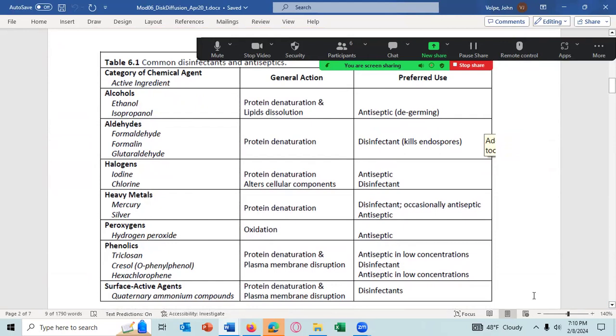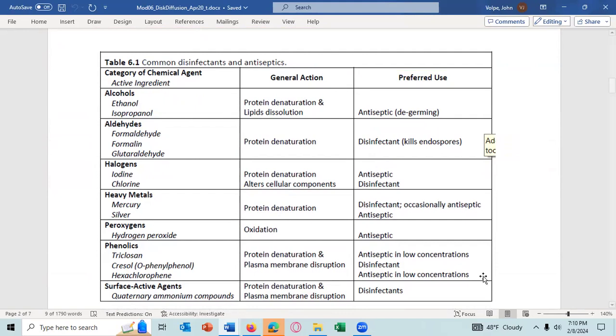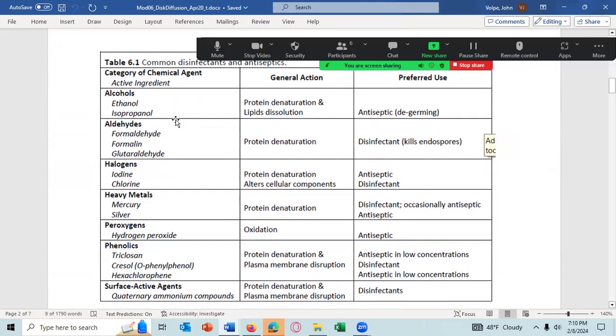This table is showing you the different chemical agents and their preferred use and their general action. We're not going to talk about the general action, but ethanol and isopropanol, I'm sure you're all aware of those. We use this as an antiseptic against the skin, but it is a very weak antiseptic.